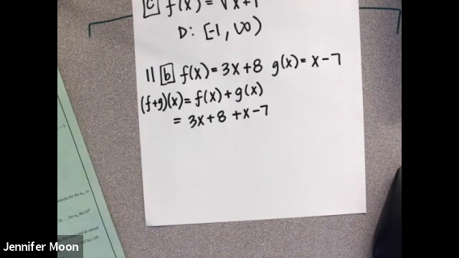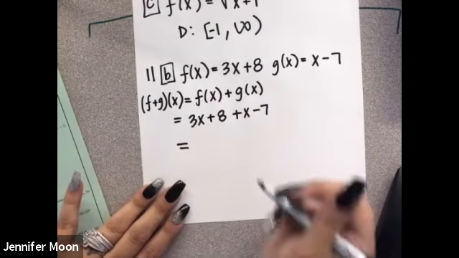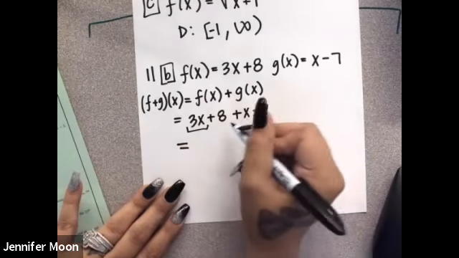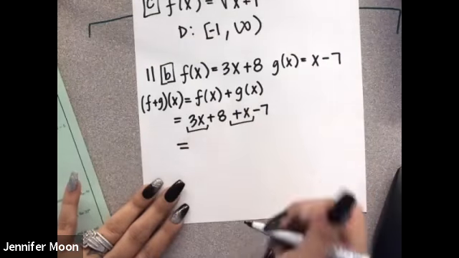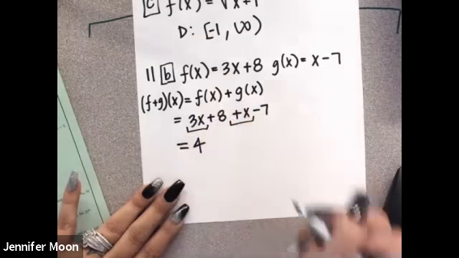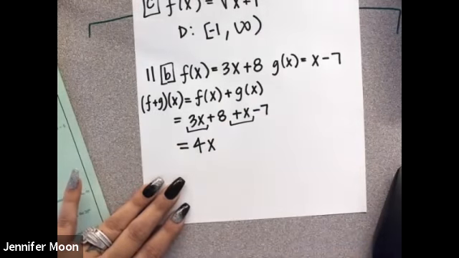In order to combine like terms, when you're dealing with variables, they have to have the exact same variable and the exact same exponent. Because the rule is that we keep and keep. You keep the variable, you keep the exponent. So they have to be the same, right? If they're not the same, how do you know which one to keep? Here I've got a positive 3x and a positive x. Looking at the coefficients, signs are the same, so you add and keep. And then for your variables, you keep and keep.